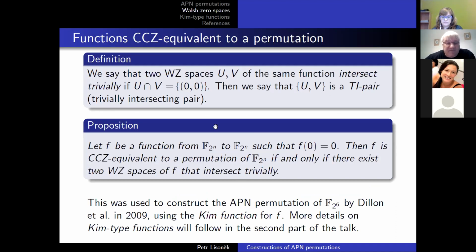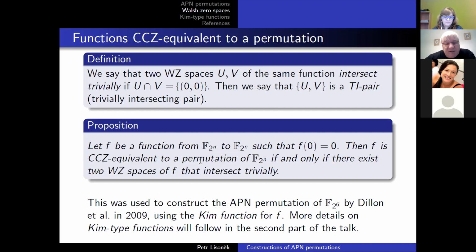So if I have such a trivially intersecting pair of two Walsh zero spaces, then the function for which these are the Walsh zero spaces is CCZ equivalent to a permutation, and that's if and only if. So you can start with an arbitrary function. You can study its Walsh zero spaces. If you can find two of them that intersect trivially, you can actually construct a permutation CCZ equivalent.